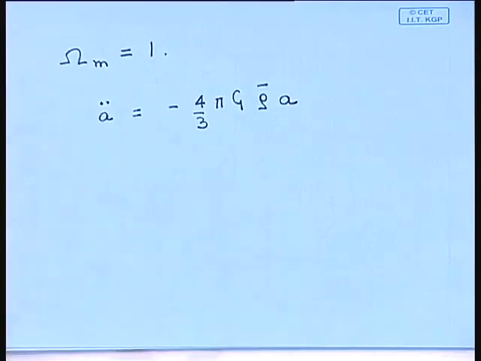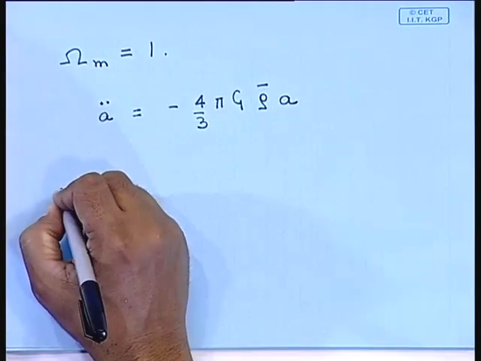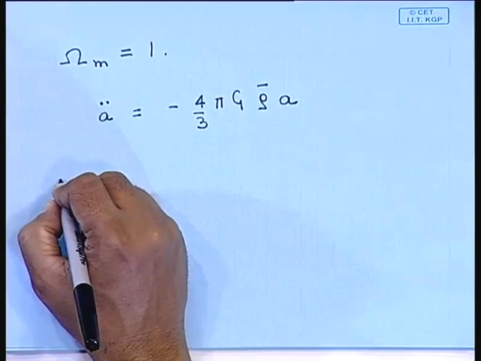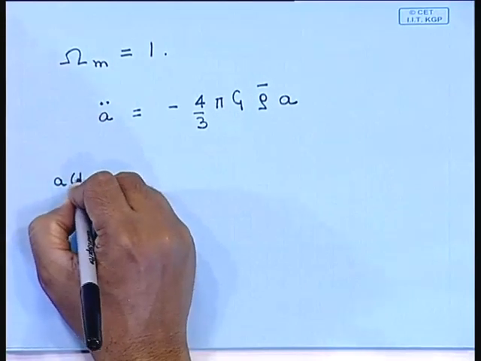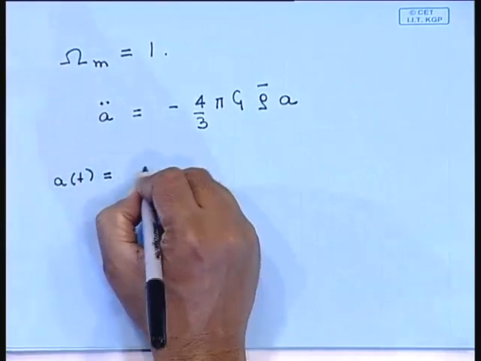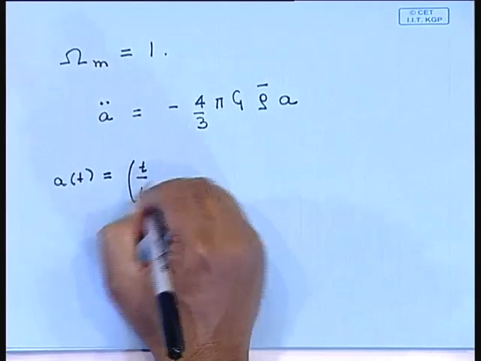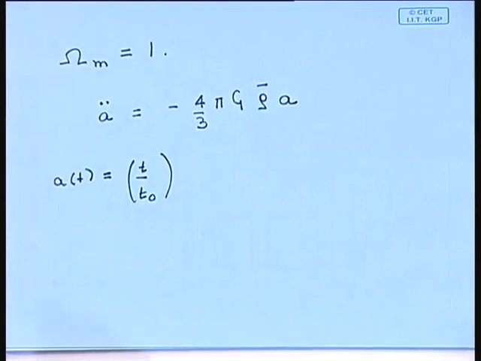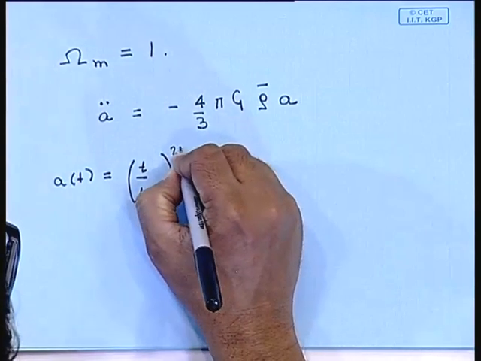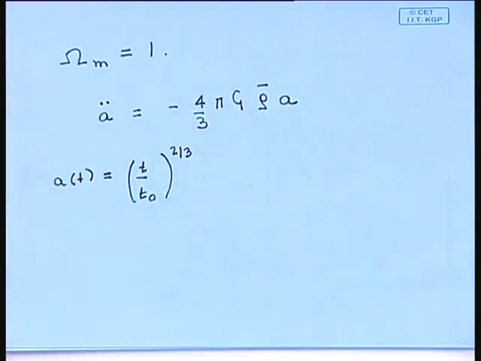We also know the solution. Recollect what was the solution. The solution was A of t is equal to t by t naught to the power of... In the Einstein de Sitter model, if you remember, the solution was t to the power 2/3. So this is t to the power 2/3.